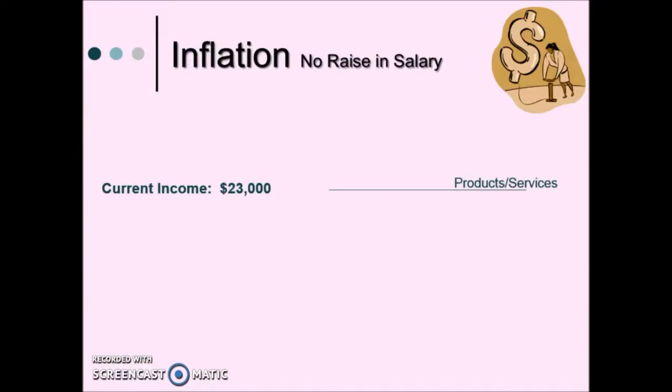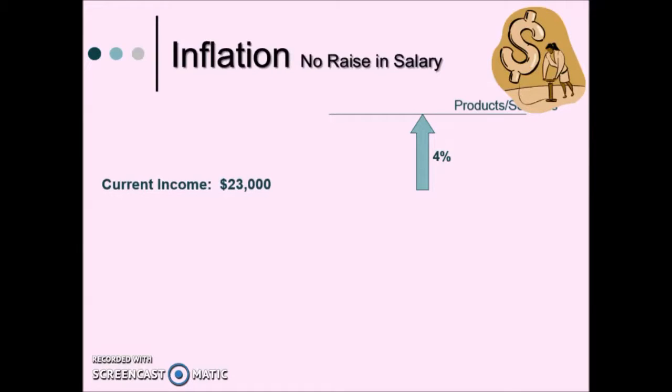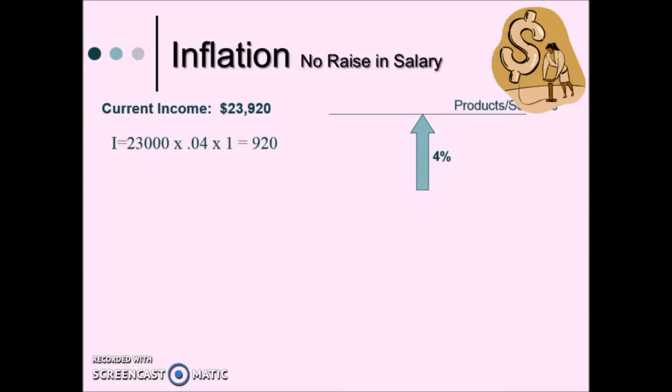So let's take a look at what happens when we have a current income and there's no raise, but we have an inflation or consumer price index increase of 4%. If that was the case, this individual would have to have, instead of $23,000, $23,920 to have the same buying power because of that 4% inflation factor.